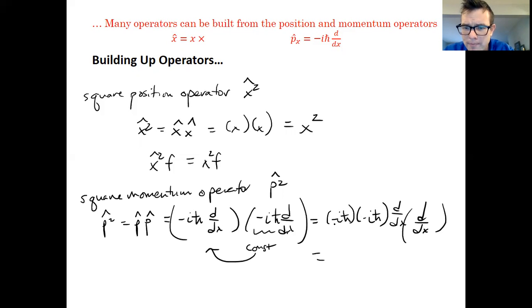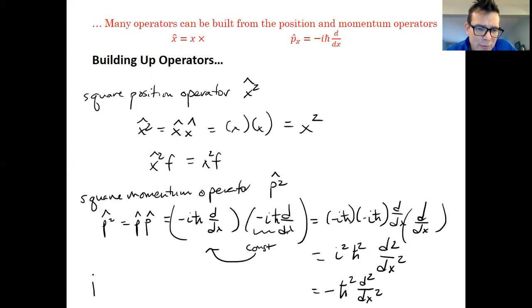This equals negative i, which is positive i squared, h bar squared. This is d dx of d dx, it's the second derivative. So d squared dx squared. Remember that i squared is negative 1, so at the end of the day, this is negative h bar squared d squared dx squared.